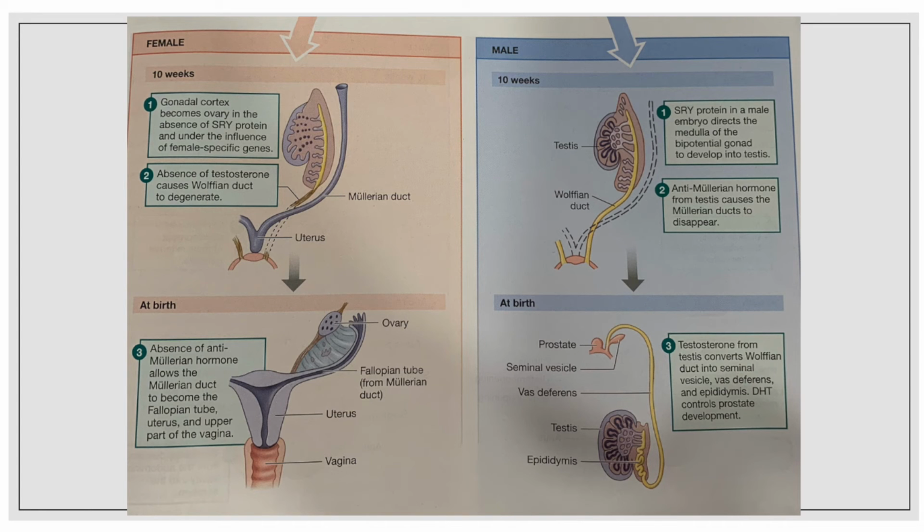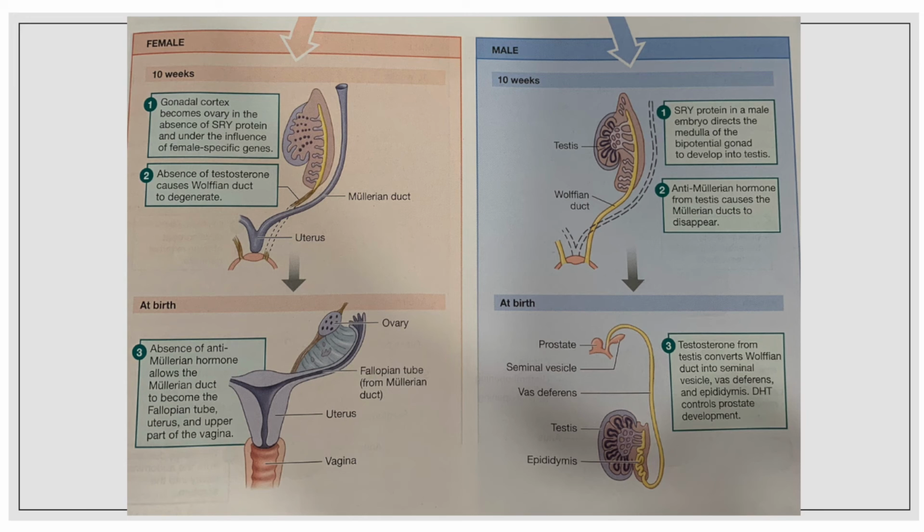As you can see here, this is the second half of the figure that we just discussed, and this time it's looking further at the development at a week 10 embryo, and then at the bottom of the page at birth. Keep in mind that the female is on the left and the male is on the right.